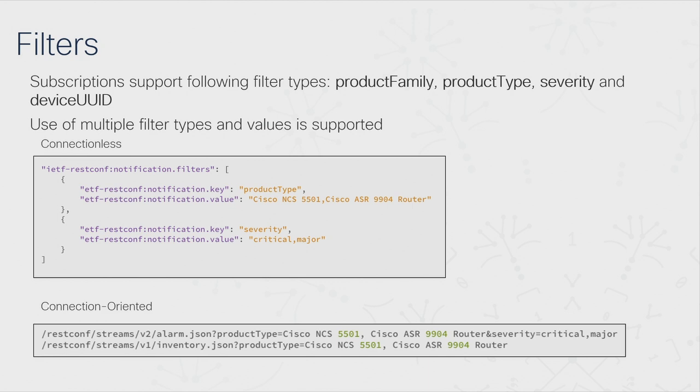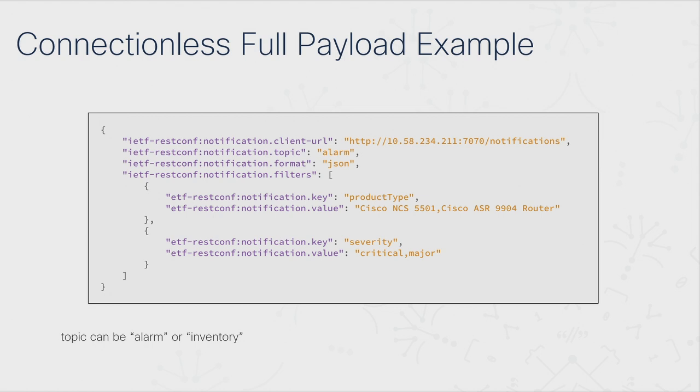This is a complete example for the POST payload, where we have the client IP address where you need to stream the data. We have the topic, in this case alarm, but it can be inventory. We have the encapsulation, followed by the list of filters.